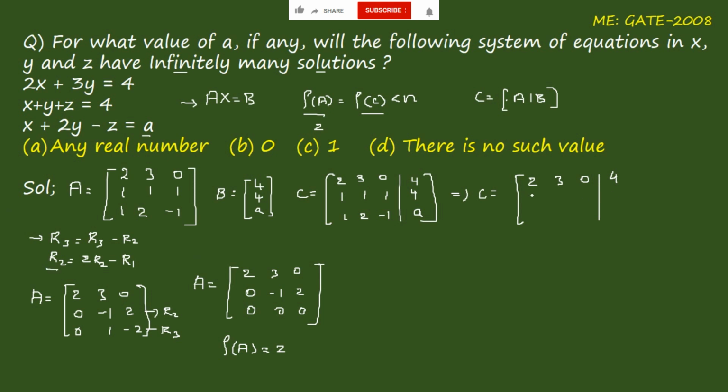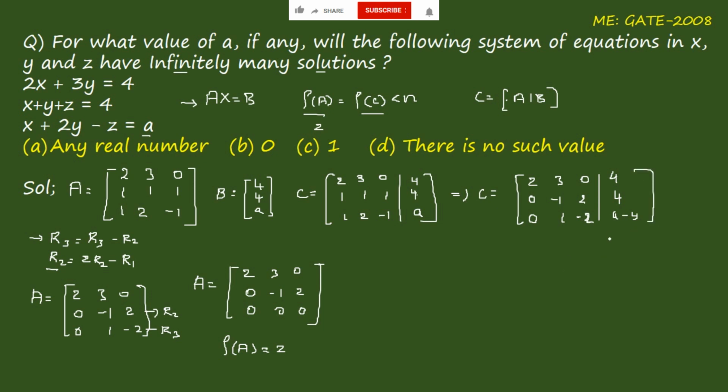This is minus 1. This is 2, right? It becomes 8 minus 4, so it becomes 4 only. Again here, these two values we are subtracting, so it becomes 0. This becomes 1, this becomes minus 2, and it becomes a minus 4, right?